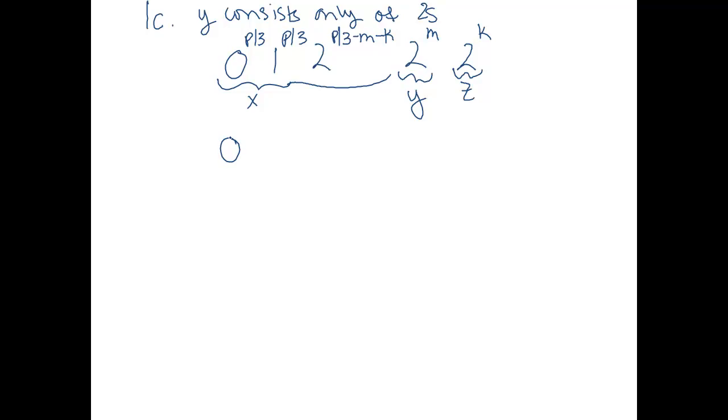We end up with 0 to the p divided by 3, 1 to the p divided by 3, 2 to the p divided by 3 minus m, if i is 0. So when i is 0, when the string is pumped down, I end up with a string that's not in the language.